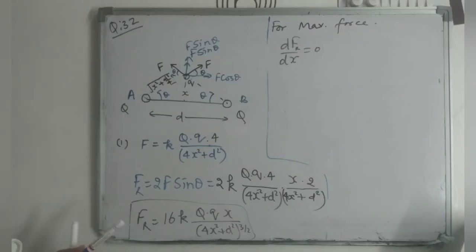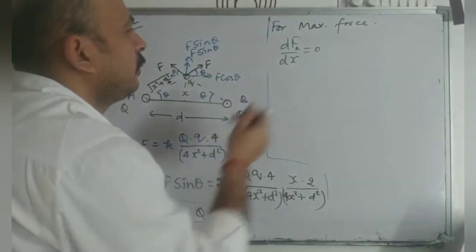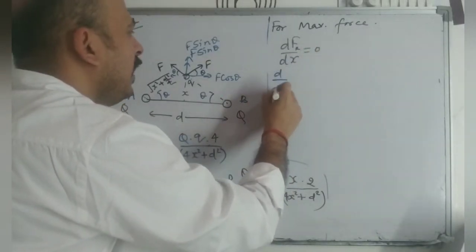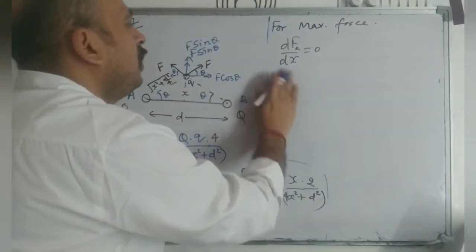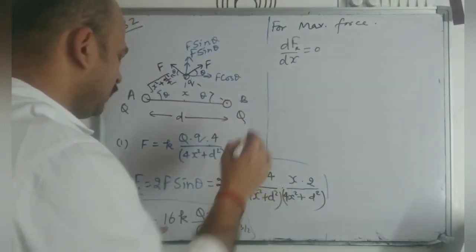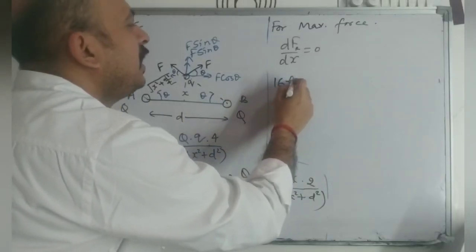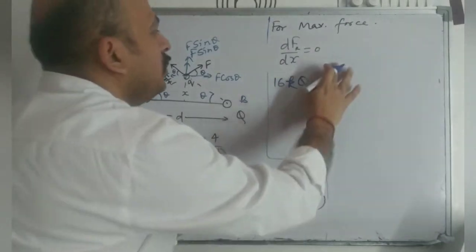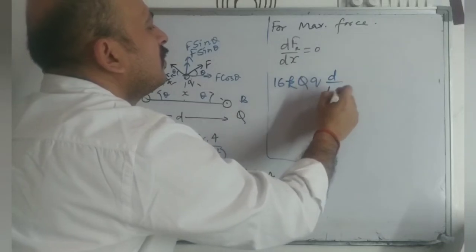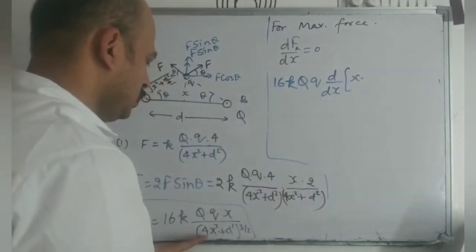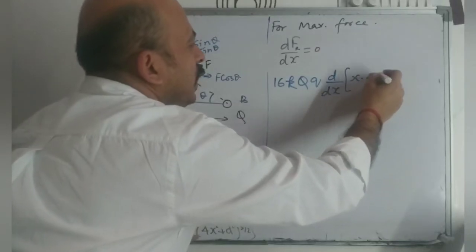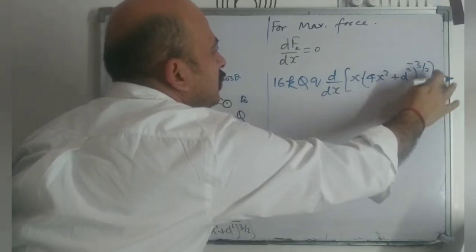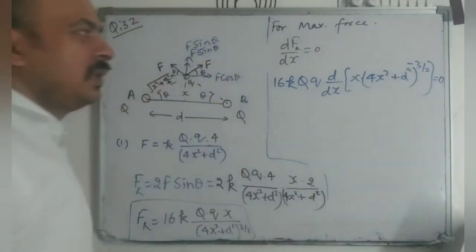So take that expression here. That will be d by dx of, what is constant in that expression? 16k capital Q small q is constant. You have d by dx of x into (4x square plus d square) to the power minus 3 by 2, and that should be equal to 0. How will you differentiate?